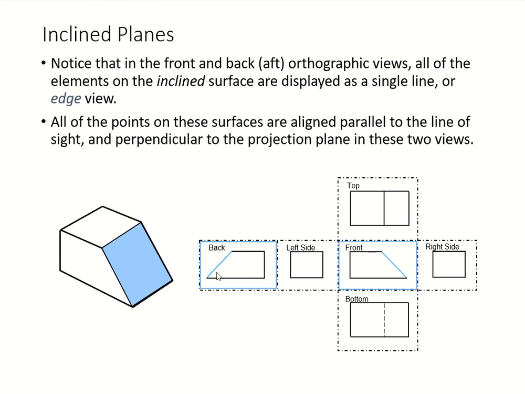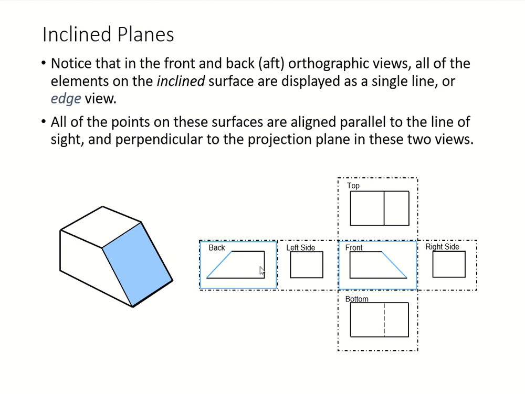I draw it right here with a blue line. So all the elements on that inclined surface we display in the back and front views as a single line. Or we would say this is an edge view.